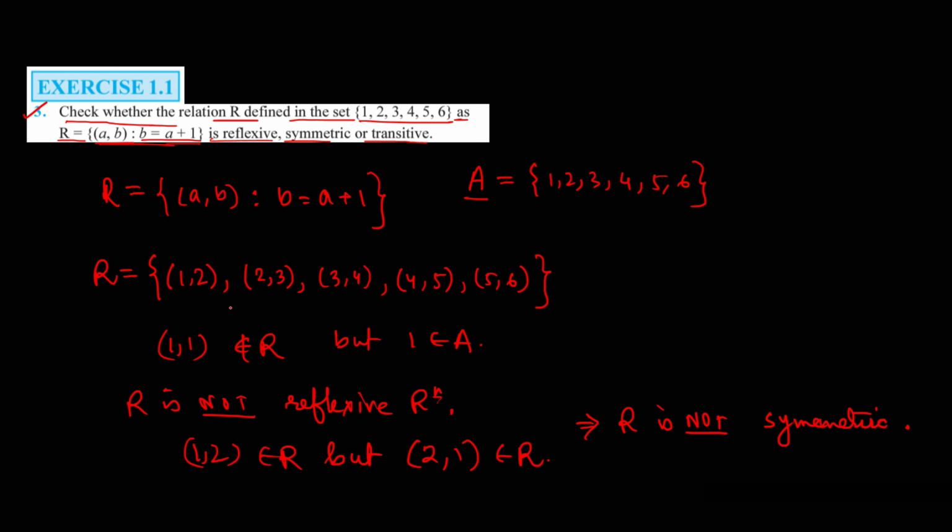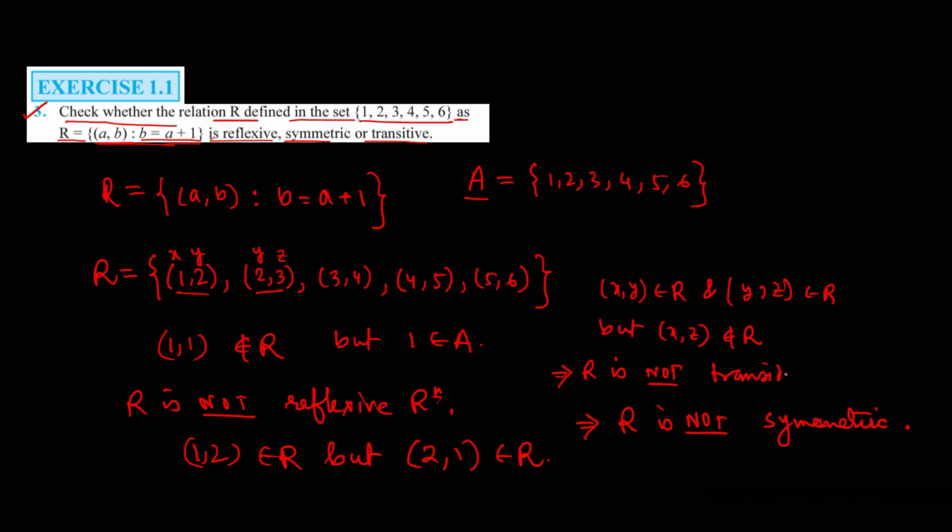To check whether it is transitive or not, see (1, 2) is there and (2, 3) is there, because we can take 2 as y, this is x and this is z. So (x, y) is in R and (y, z) is in R, but (x, z) does not belong to R. So that implies that R is not a transitive relation.